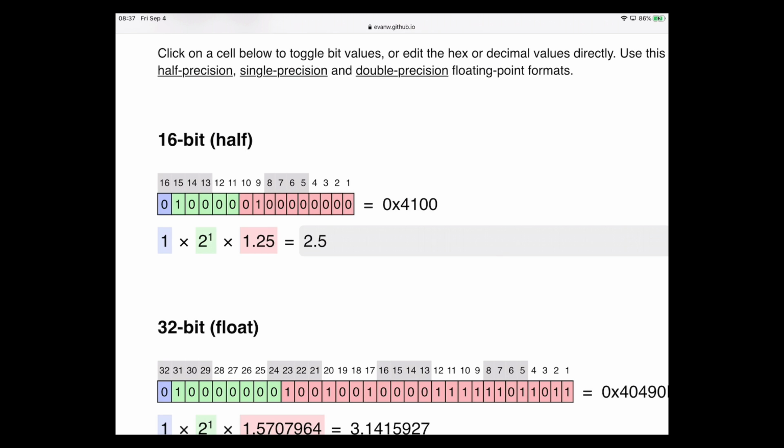Okay, so the bias on 16-bit is 15. Now you might ask, how did I come up with 3, 15, and so on?